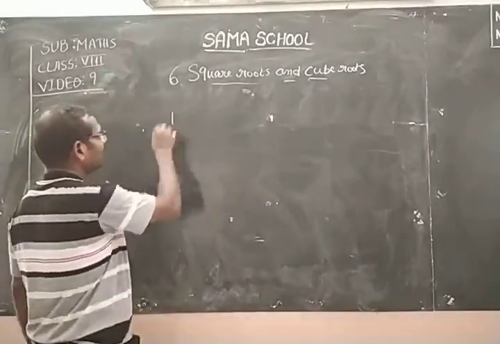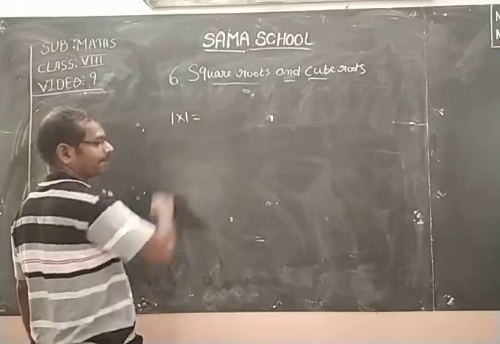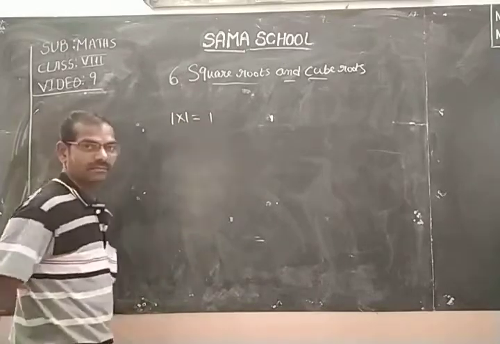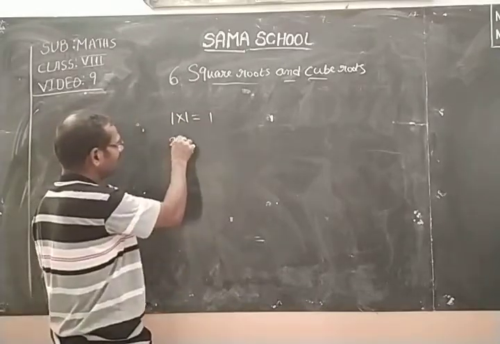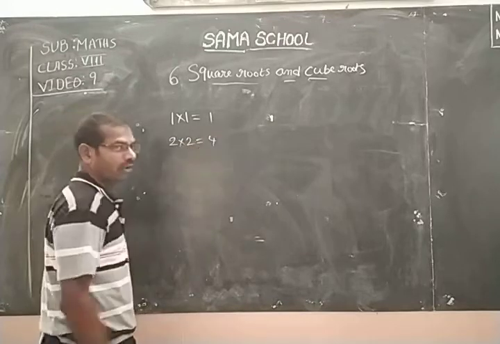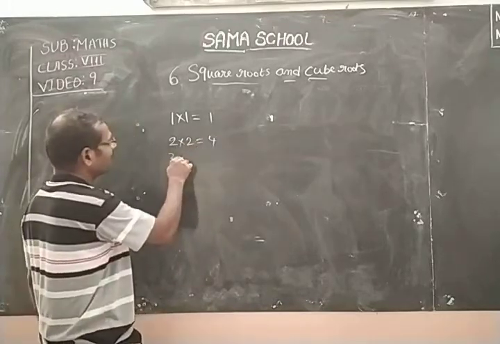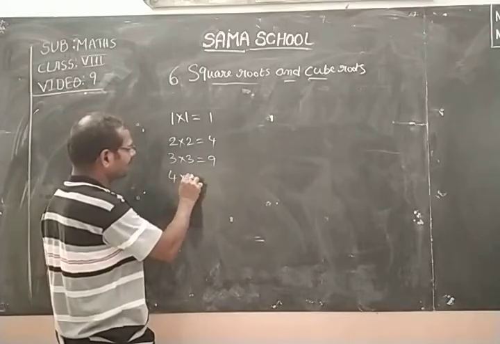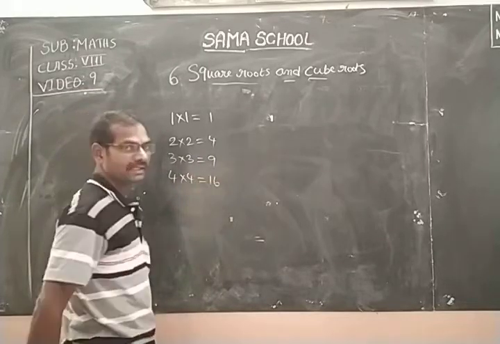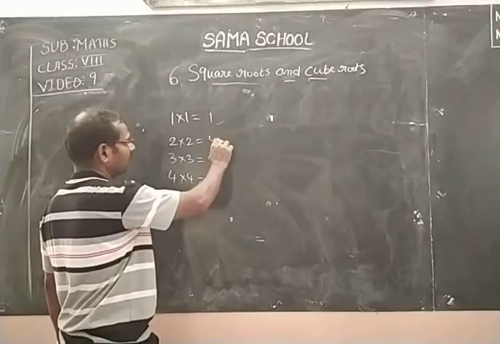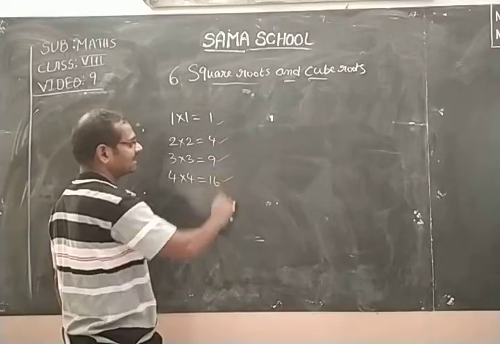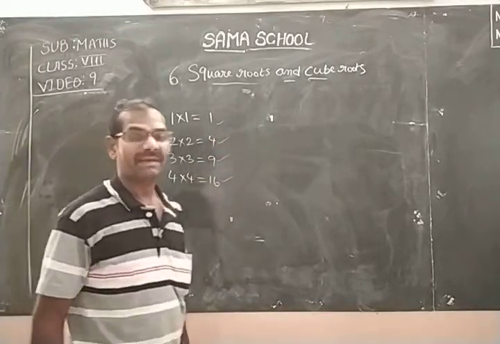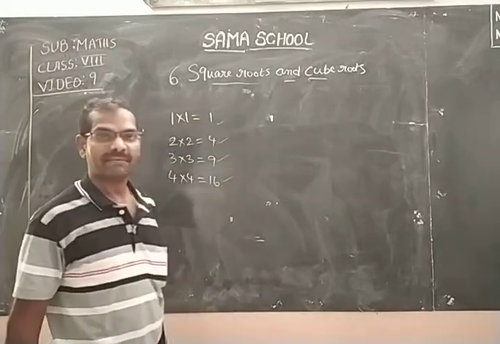Suppose 1 is multiplied with the same number 1, we get 1 only. 2 multiplied with the same number gives 4. 3 multiplied with 3 gives 9. 4 multiplied with the same number 4 gives 16. What do you call 1, 4, 9 and 16? These are perfect square numbers.